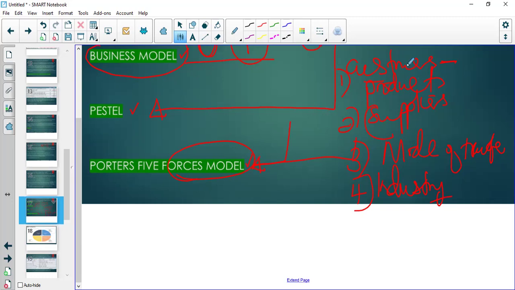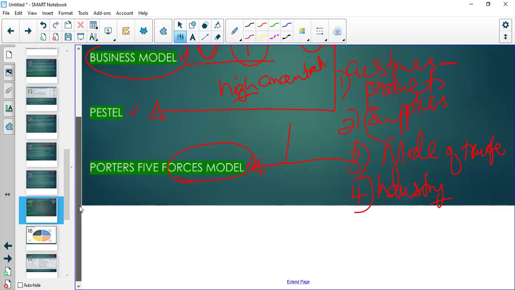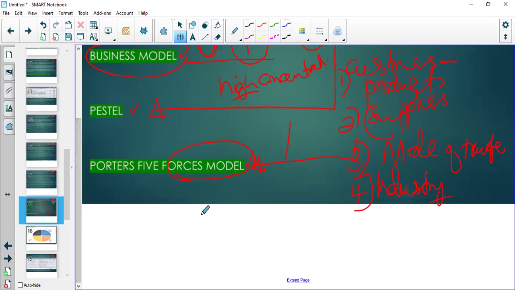For example, if we look at customers, you might have a high concentration of customers. I mean to say concentration risk. When we talk of concentration risk, we're saying that, let's say, we have 3,000 customers, right?